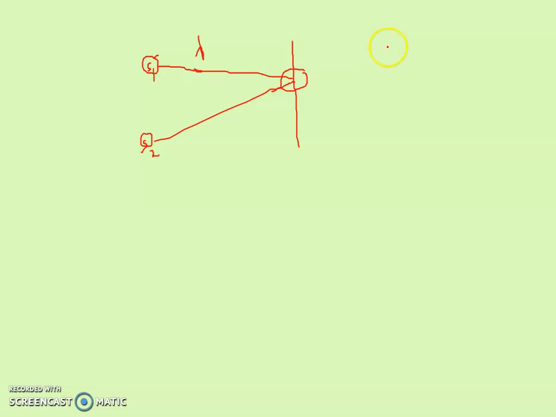So in Young's double slit experiment there were two slits which were illuminated by a single source, right? This was the primary source. Then what happened? At the first slit there is a wavefront, and at the second slit there was a second wavefront. Now the particles of the primary wavefront act as secondary sources.